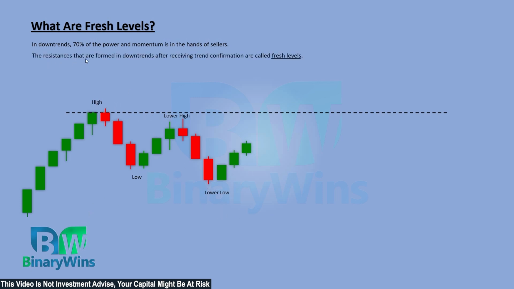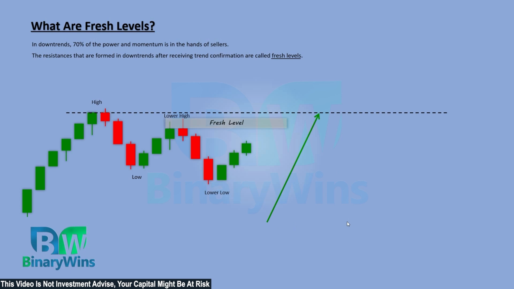But the resistances that are formed in the downward trend after receiving the confirmation of the trend are called fresh resistances or fresh levels. So, in the downward trends, resistances are important for us.